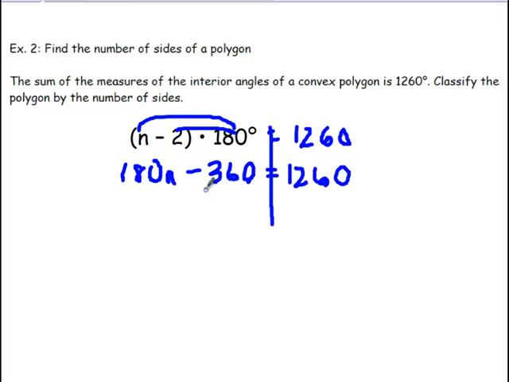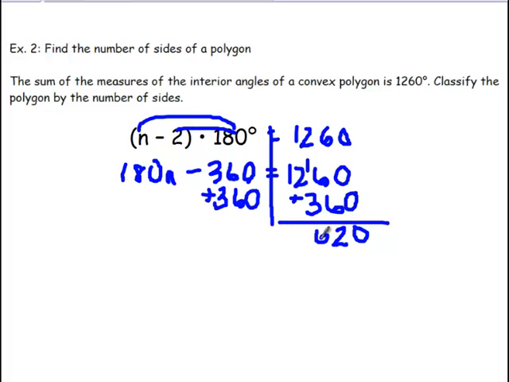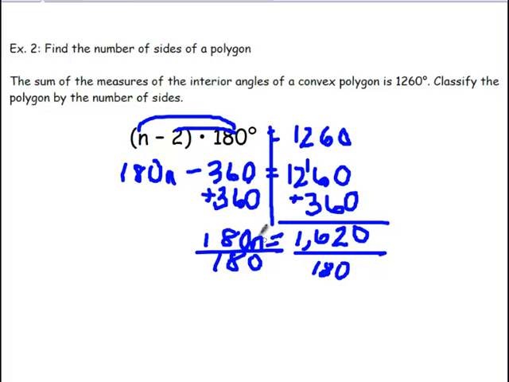If I add 360 on both sides, 1,620 equals 180n. Divide by 180, and you get n equals 9.